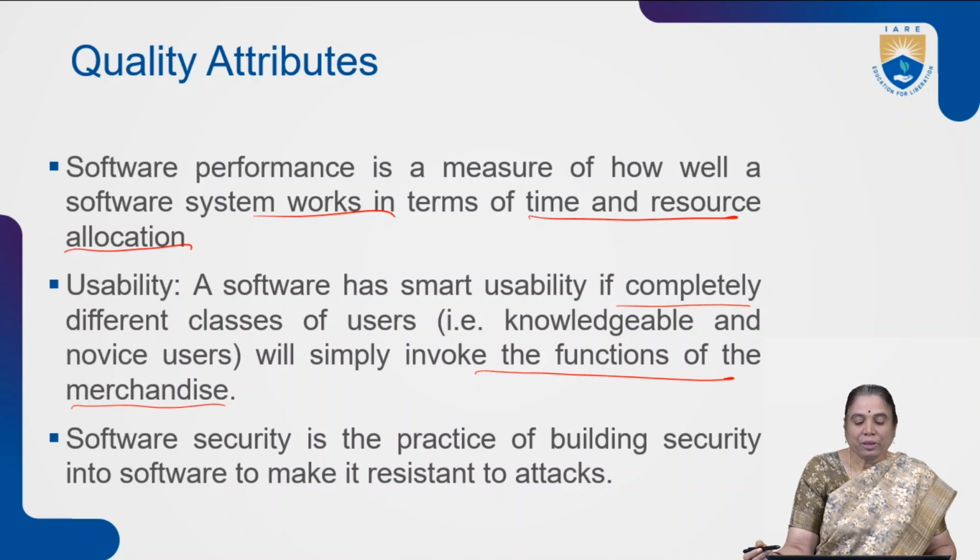Software security is another quality attribute, the practice of building security into the software to make it resistant to attacks, so that only authorized users can access the software and unauthorized users are rejected, making it resistant to attacks and vulnerabilities.